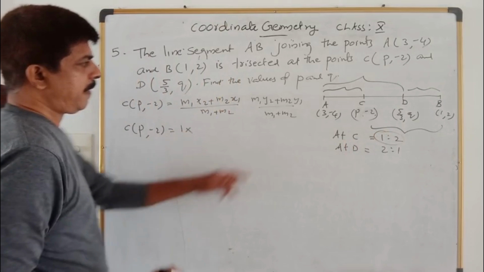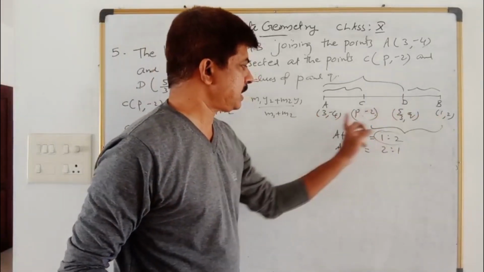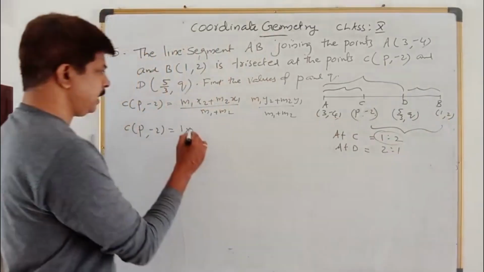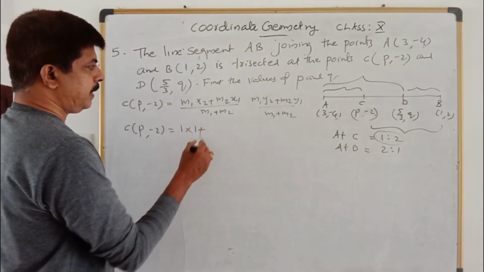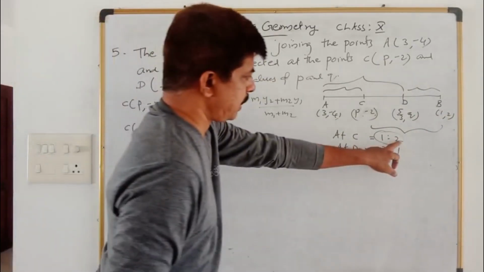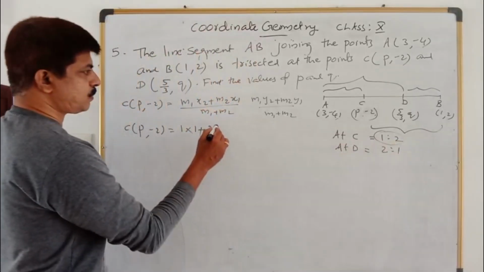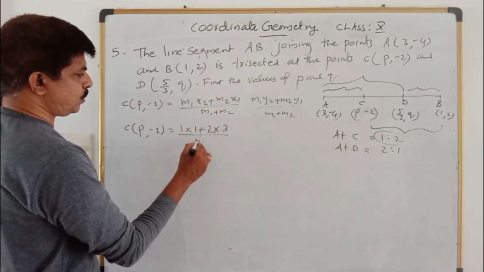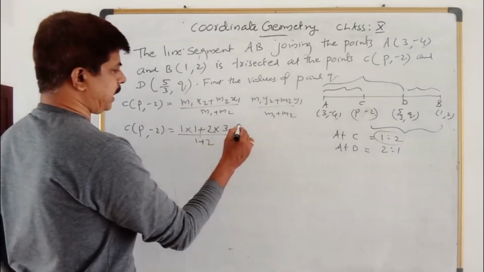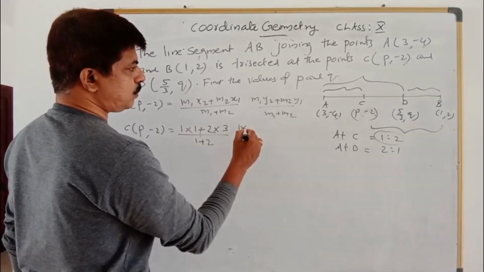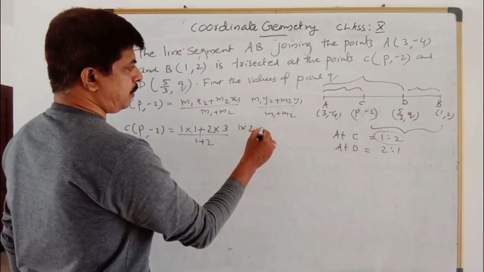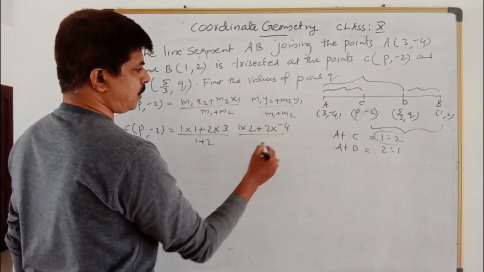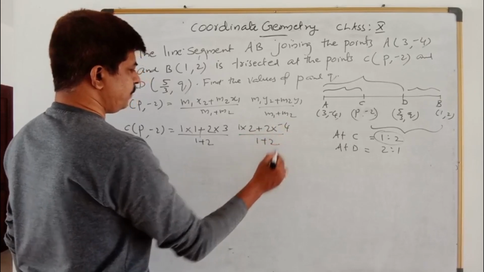So 1 into x2, this is x2, this is x1 y1, the last point is x2 y2, plus m2, this value 2, into x1 3 by m1 plus m2, that is 1 plus 2, again 1 into y2 2 plus 2 into y1 negative 4 by 1 plus 2.